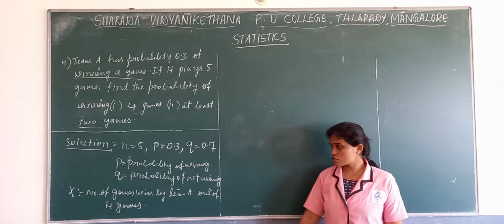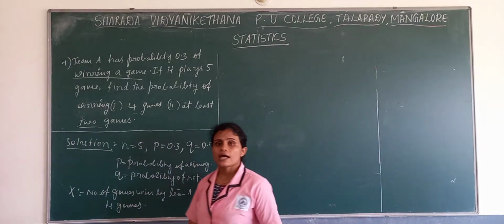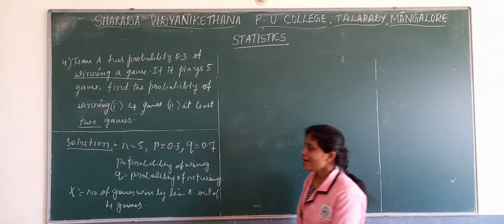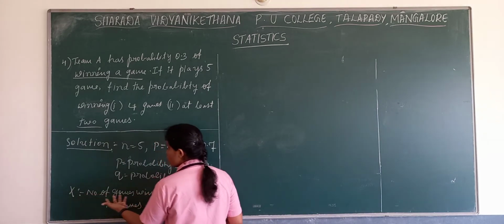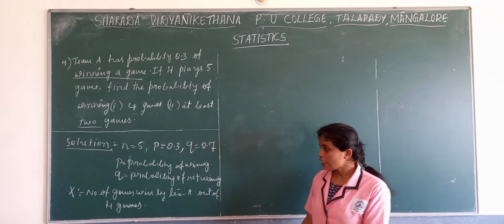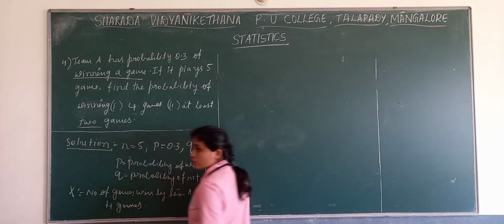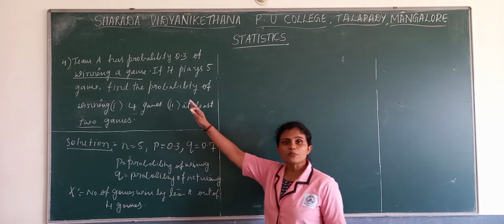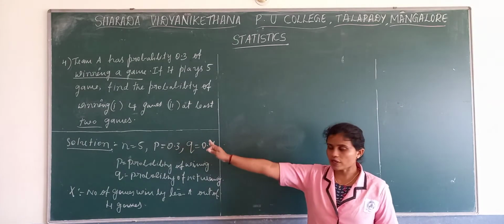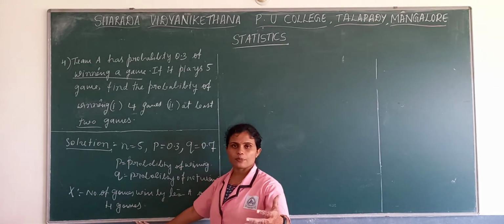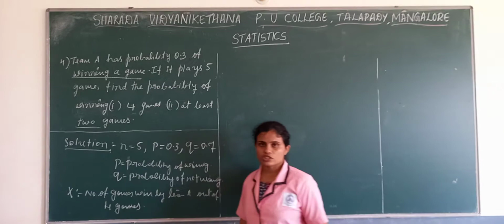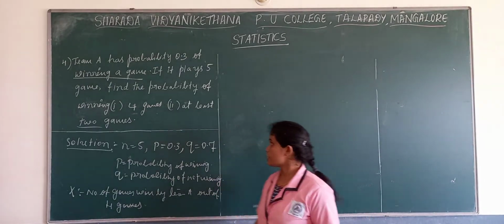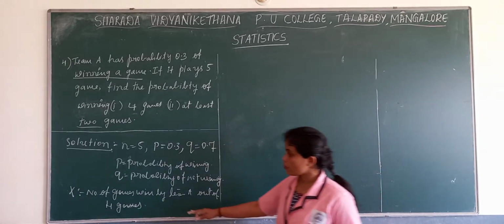You can write X like this, it's not necessary to be exact. That sentence you can frame according to your understanding. But as I said, what we are going to find out should be there, and the N value it should contain: how many games team A is going to win, and out of how many games they are playing. Both pieces of information should be there. Don't worry much about X.